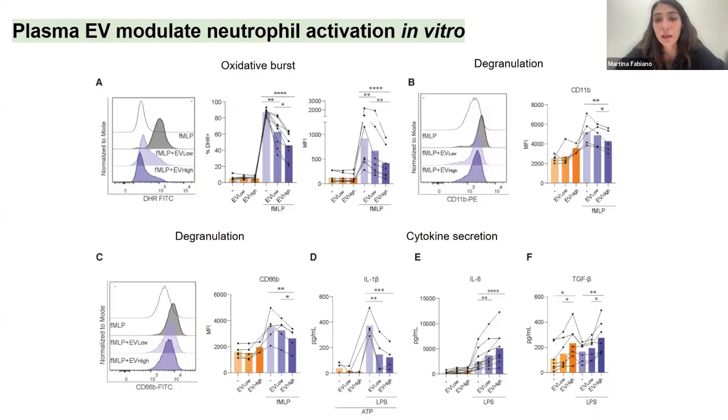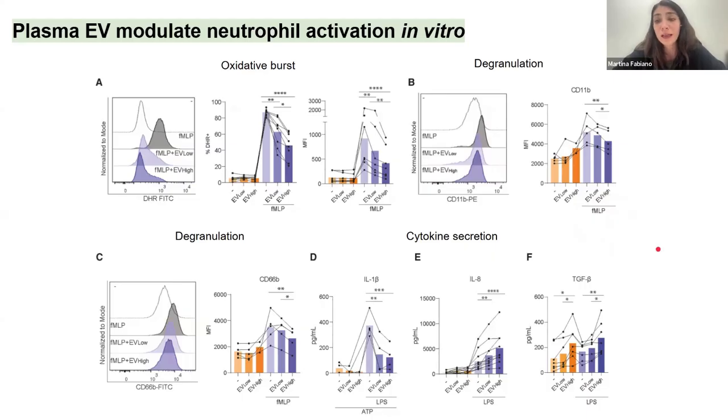After that, we analyzed degranulation, and as you may know, the granules of neutrophils have some canonical markers. CD11b and CD66b are two canonical markers of granules of neutrophils.